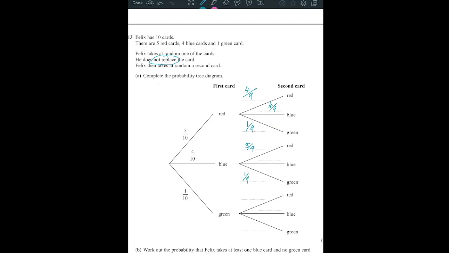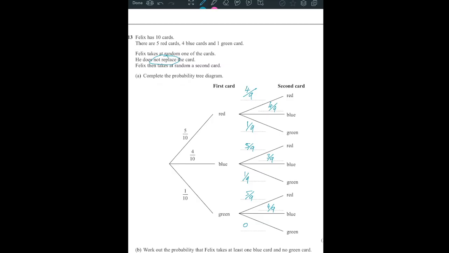Of course, they're now out of 9 because I did take a card out. And the blue went from 4 blue down to 3 blue. And finally, if I took a green out, the red and the blue still have their original amounts. But now there are no green cards left, so that's 0 out of 9.